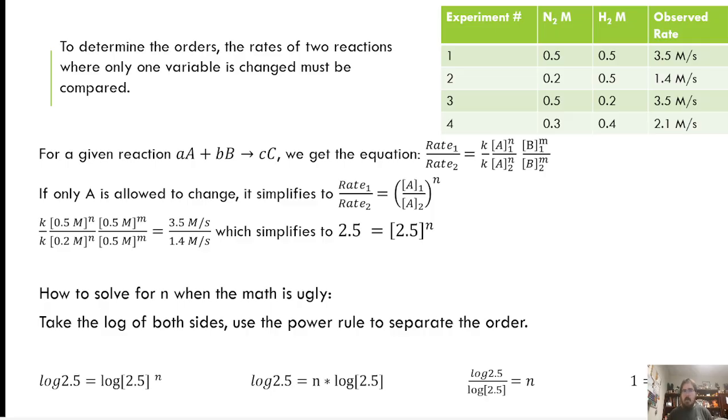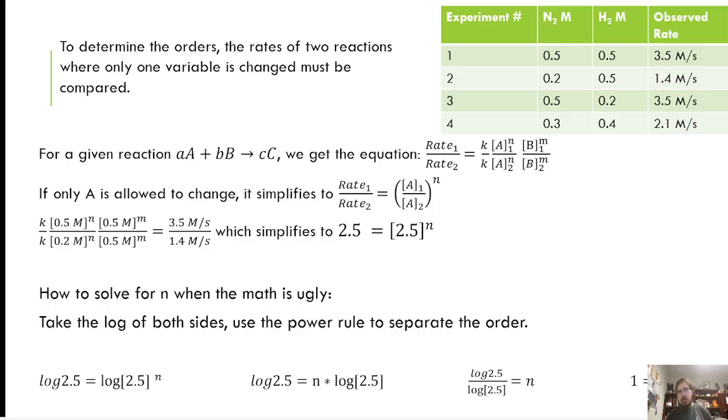So if I look at the rate of 3.5 over 1.4, you get a ratio of 2.5. If you get 0.5 divided by 0.2, you get 2.5. What order n would be such that 2.5 to that power equals 2.5? Sometimes you can just guess.